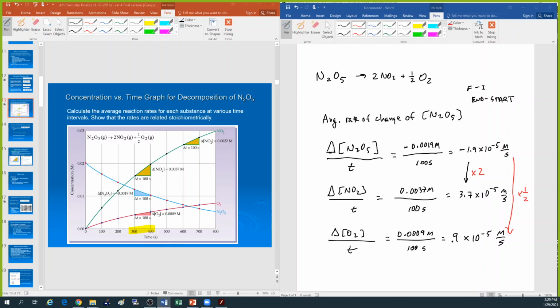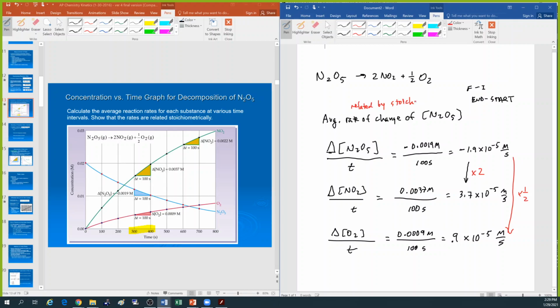So what I'm trying to show you, don't we want to avoid using fractional coefficients? It doesn't really matter. I did that on purpose just so it wouldn't be uncomfortable if you were faced with them. But the point I'm trying to show you is that the rates are related by the stoichiometry of the reaction.